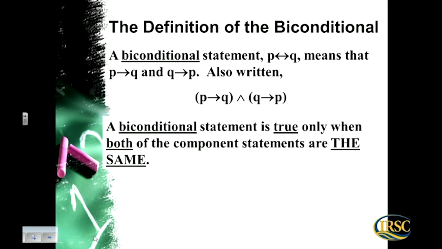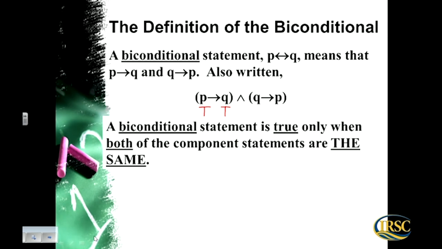Okay, so according to the definition, a biconditional statement is true only when both of the component statements are the same. In other words, they either both have to be true or both have to be false. So let's take a look at that. Now the easy one to see is if they're both true.